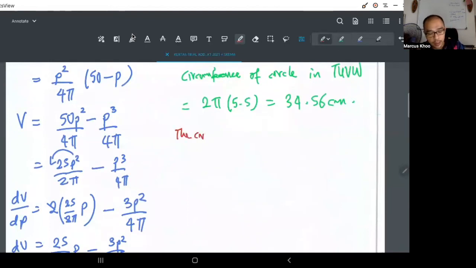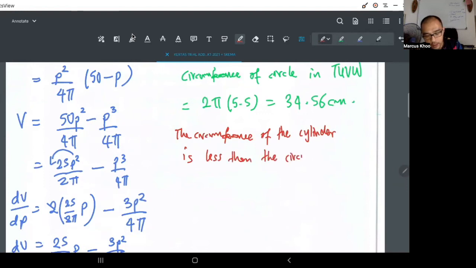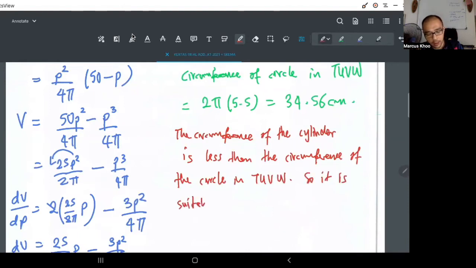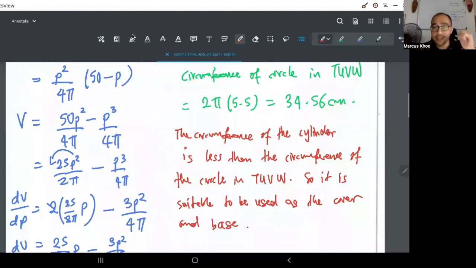The circumference of the cylinder is less than the circumference of the circle in TUVW. So it is suitable to be used as the cover and base. Done.